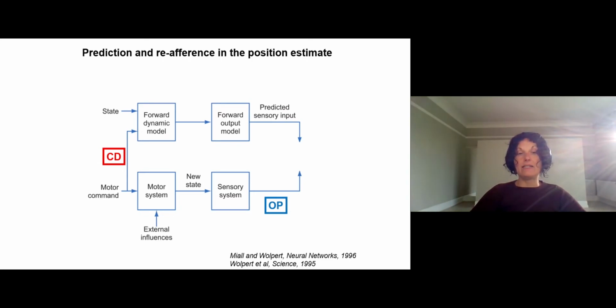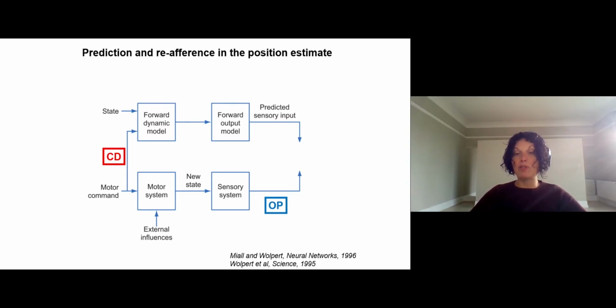On the other hand, the motor command results in a movement of the extraocular muscles, and that causes sensory input, ocular proprioceptive input, which is another source that can be used for estimating the position of the eyes.